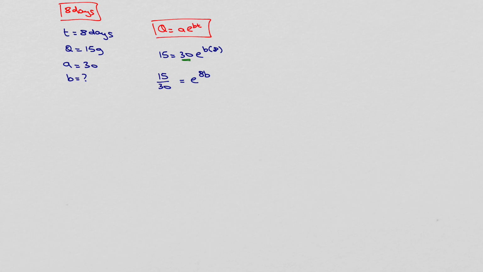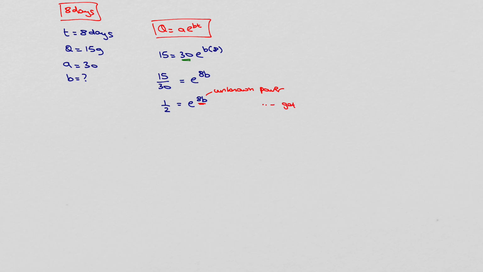Now if you look at the left hand side, that's quite interesting for this particular question because of course 15 divided by 30 is a half. And of course that's because we've looked at one half-life, and after one half-life, half of the substance remains undecayed. So hence half on the left. So to isolate the 8b on its own, I have to apply my log rules, and the only way I can find an unknown power is to have log of both sides.